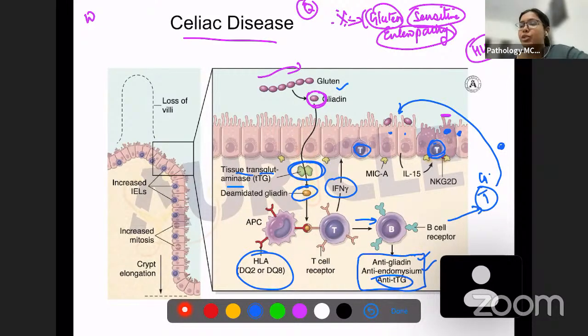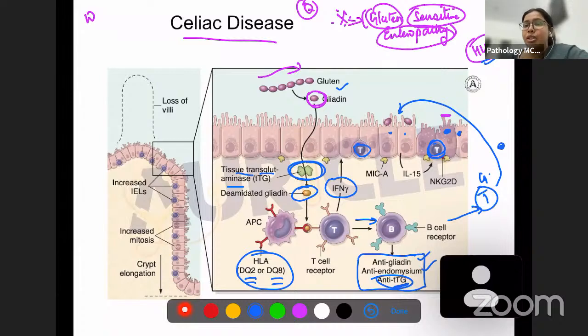So this is an autoimmune, HLA associated condition, in which HLA-DQ2 and DQ8 are associated with celiac disease.